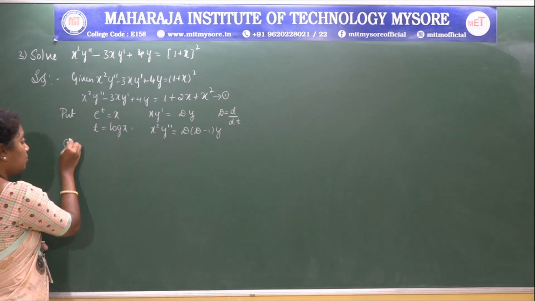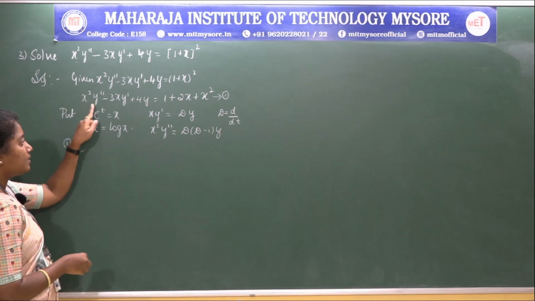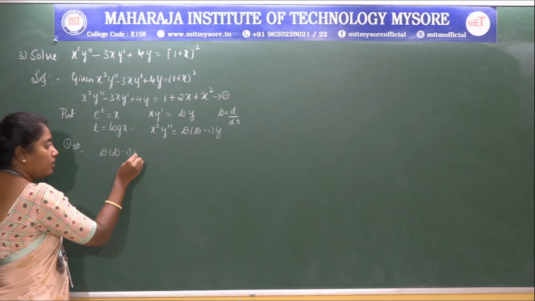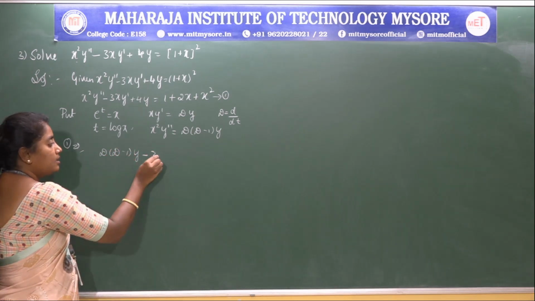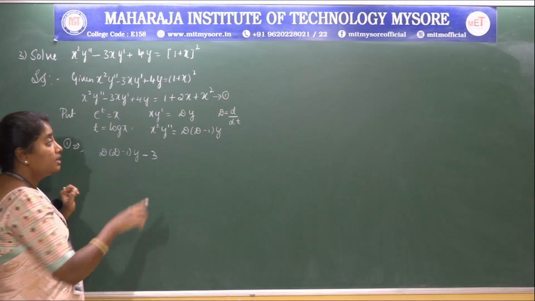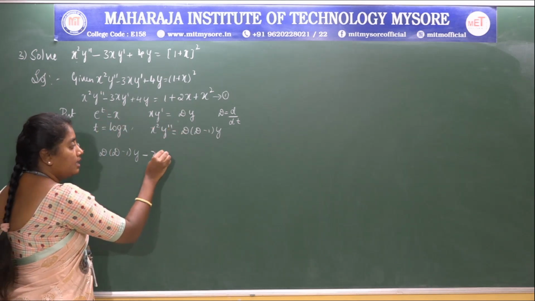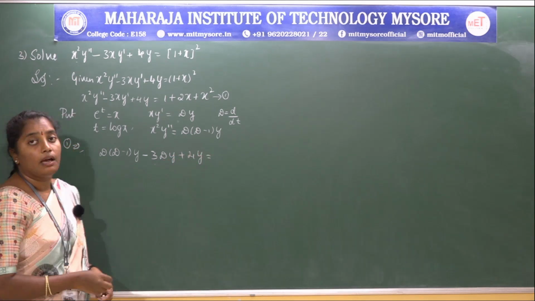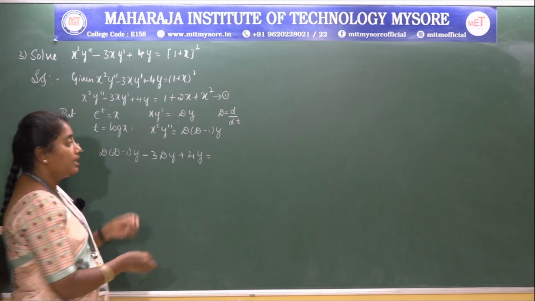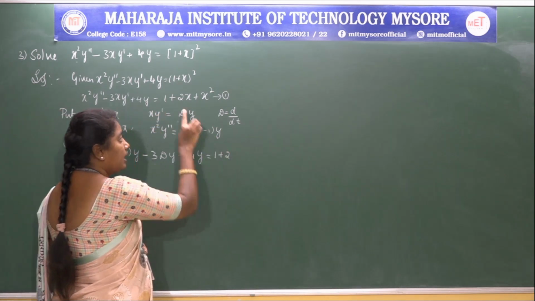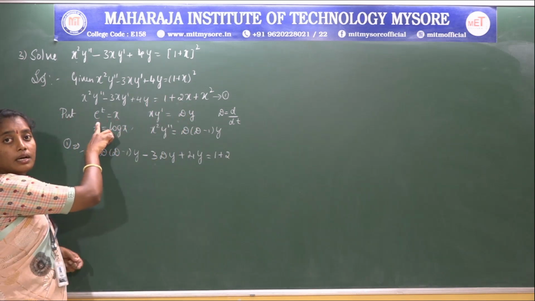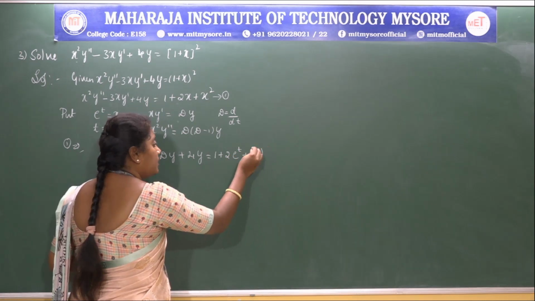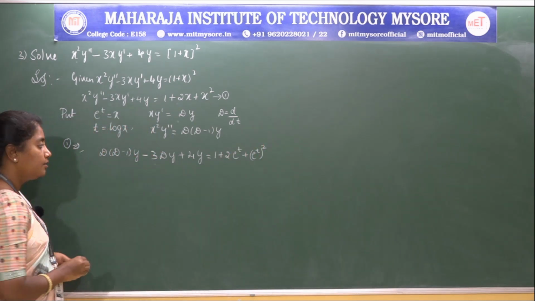So then equation number 1 becomes: x²y'' is D(D − 1)y, minus 3 times xy' which is Dy, plus 4y, equal to 1 + 2x + x², where x = e^t, so 1 + 2e^t + (e^t)².